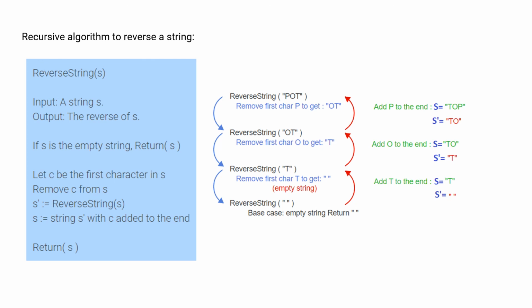So finally we've gotten down to returning all of the calls that we had made to this reverse string. And so now we're supposed to return S. So we would return S, which is TOP, and that's what would be the reverse string here.